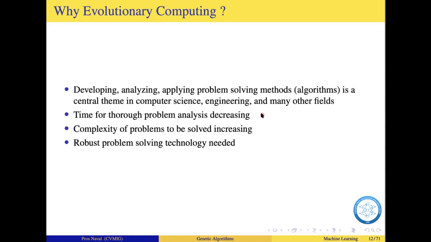So the time that is given to us to solve a problem is decreasing because people want instant solutions. Companies want instant solutions. And furthermore, the complexity of problems that we are dealing with now is increasing. So the problems that we have now are harder than the problems of, say, 10 years back. And therefore, we need robust problem-solving technology to be able to deal with these problems.